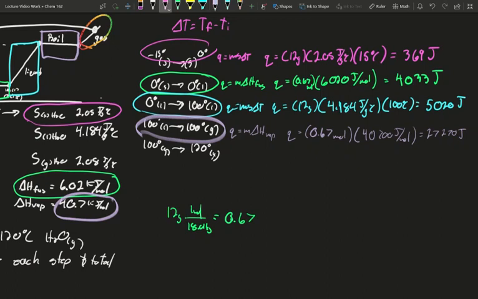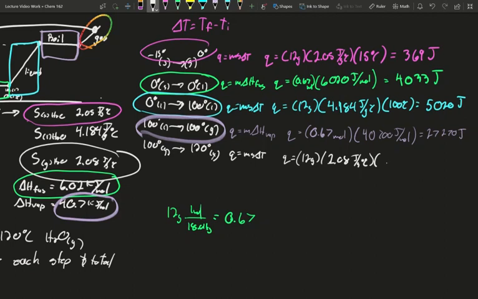Our last bit then, we're going to heat up that gas 20 degrees. I'm just going to do that one in white. I think the rainbow will be a little hard to read here. Well, we're gas to gas, so we're back to Q equals ms delta T. 12 grams, S value for gaseous water, 2.08 joules per gram per degree.